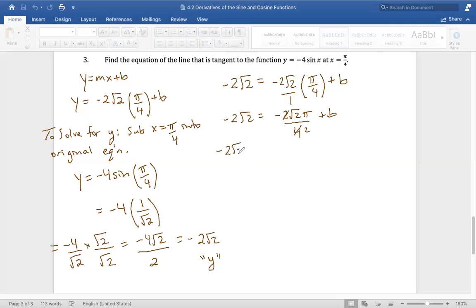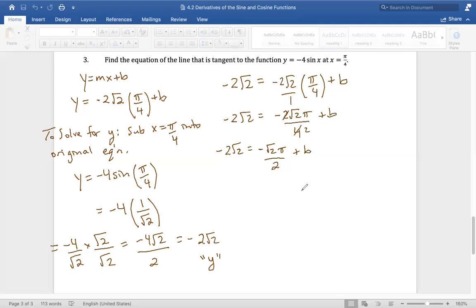So I have negative 2 root 2 equals negative root 2 pi over 2 plus b. Yes, it does look kind of ugly. Negative root 2 pi over 2. And then I'm just stopping to make sure that I'm not making any mistakes.